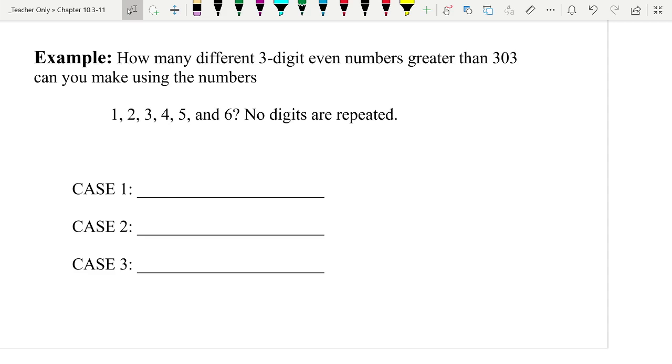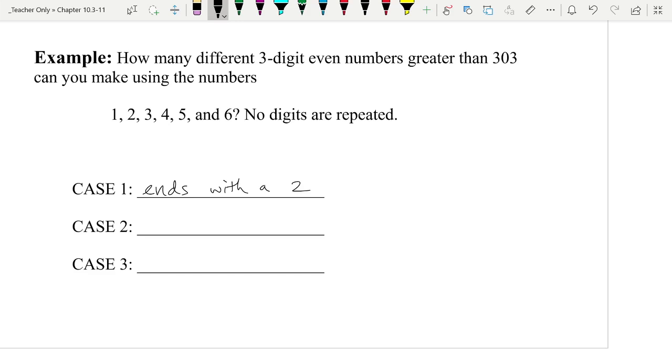Okay, so anyway, what are the cases here? Well, I'm allowed to use the numbers 1, 2, 3, 4, 5, and 6. I'm not allowed to repeat any of the digits. I need a 3-digit even number. Now, even numbers, case 1, I'm going to say ends with a 2.